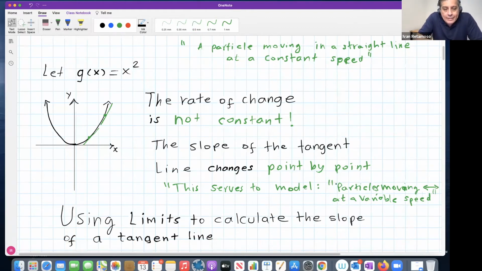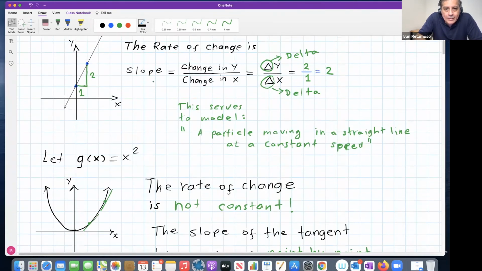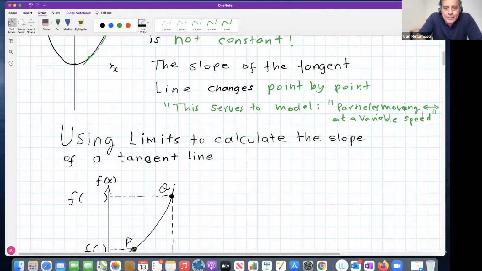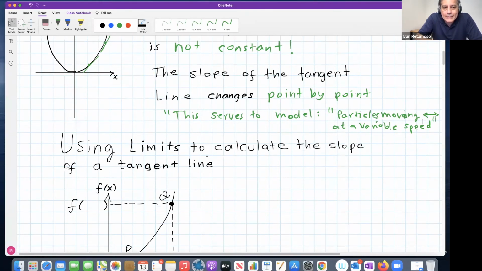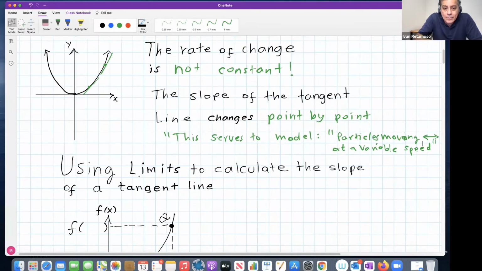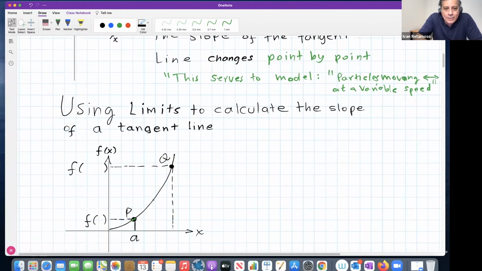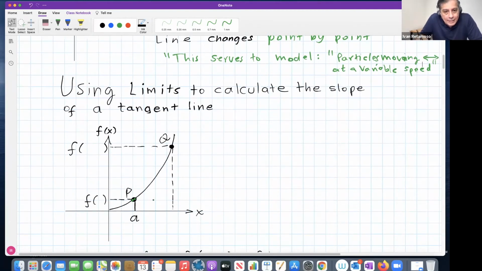Okay, so now how can we go from here to here? Well, limits will help us. Using limits, we can calculate the slope of these tangent lines that change point by point, right? How? I already gave you an introduction to this idea the first day of class. If you have a curve, let's say a parabola or any curve represented by this, and you set this to be your base point P, where you want to compute the slope, you can do it using limits.